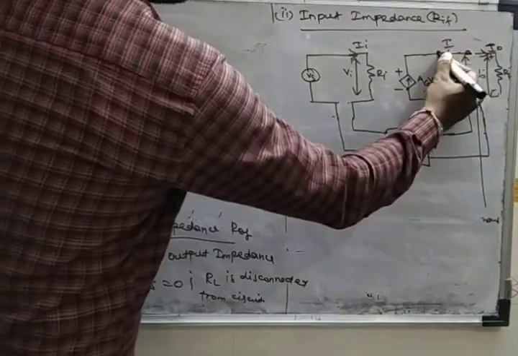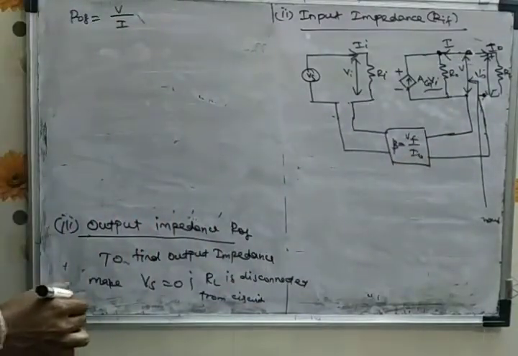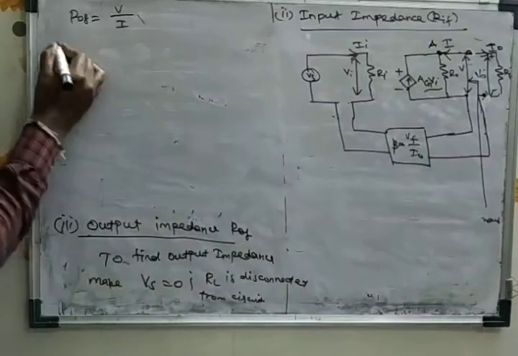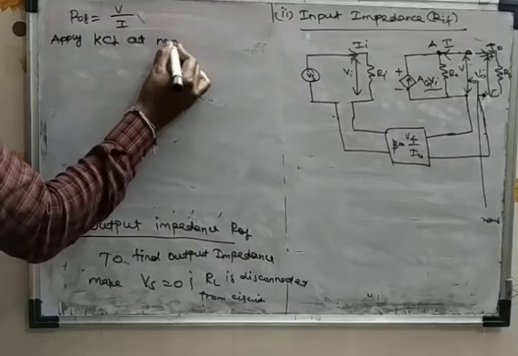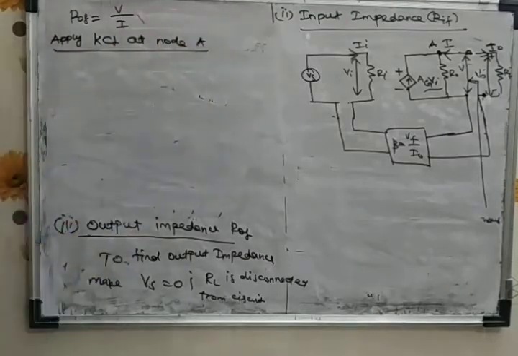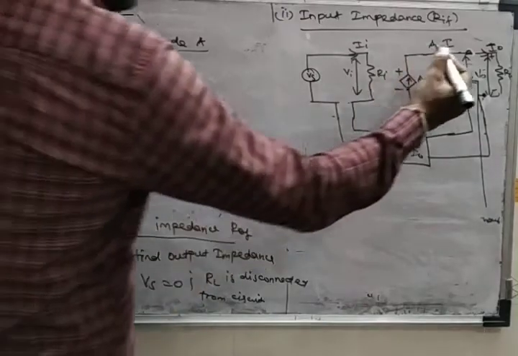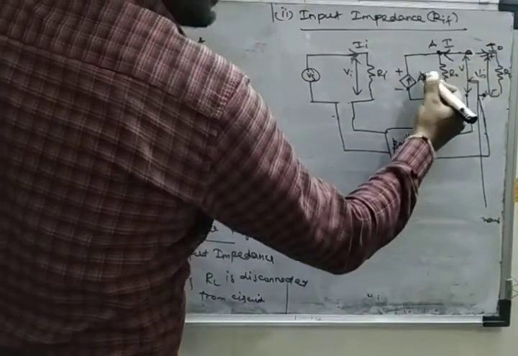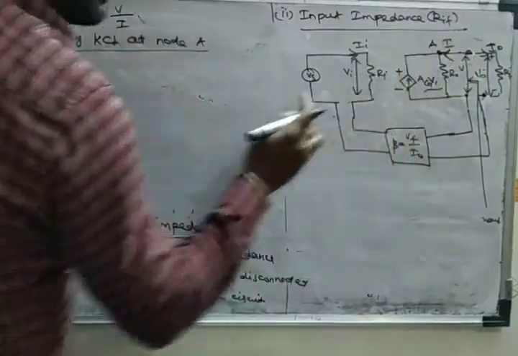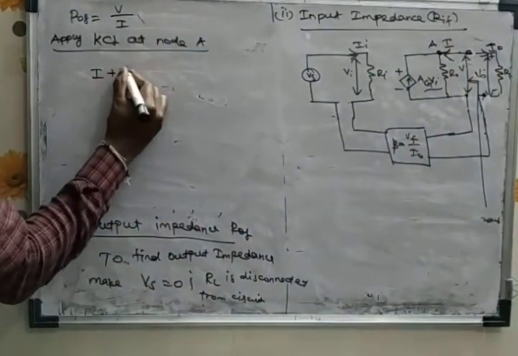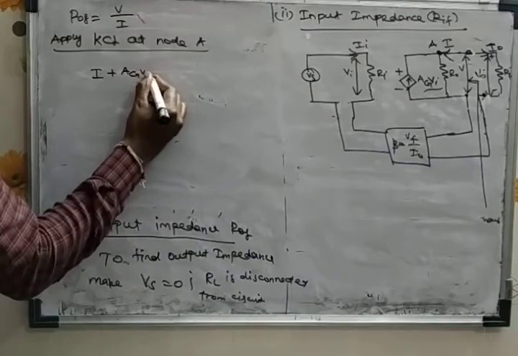So here we have current type sampling. So apply KCL at node A. Kirchhoff current law is nothing but the algebraic sum of currents flowing through any node is 0. That is, incoming current is equal to outgoing current. Here we have two incoming currents, this current source and this I. So I plus Ag Va.